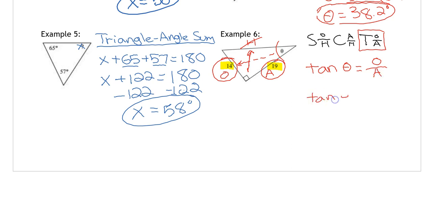So tangent of theta equals, my opposite side is 14, over 19, my adjacent side.